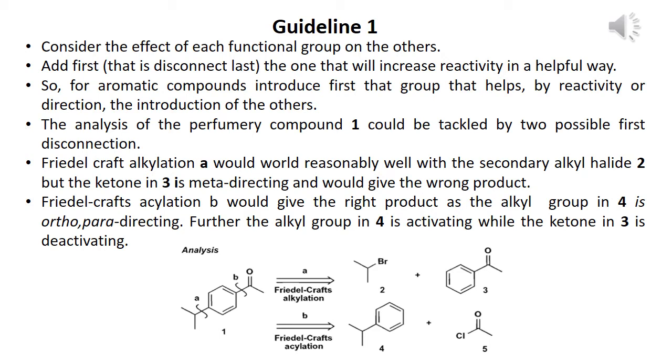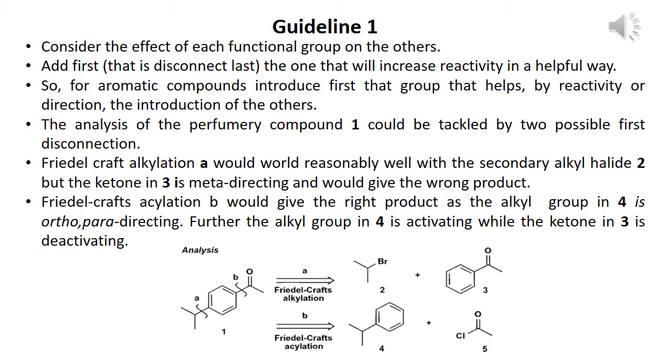Point number 4, the analysis of the perfumery compound 1 could be tackled by two possible first disconnections. You can look at the disconnections at the bottom of the slide. Friedel-Crafts alkylation A would work reasonably well with the secondary alkyl halide 2, but the ketone in 3 is meta-directing and would give the wrong product.